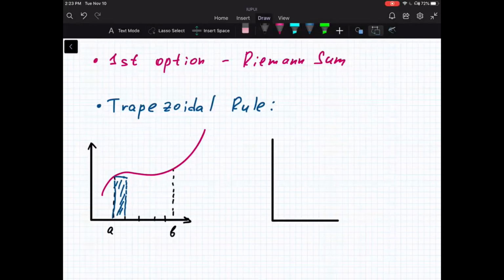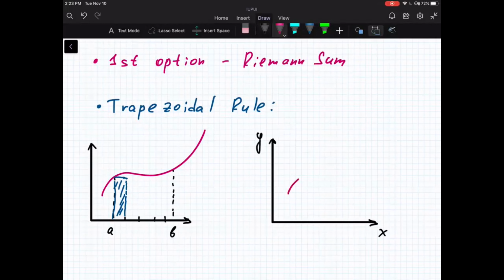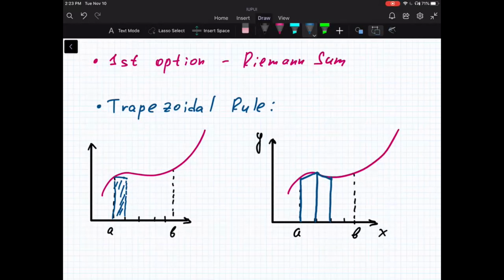And in the trapezoidal rule, instead of that, you also divide your interval ab into subintervals, but now you approximate not by rectangles, but by trapezoids. So this is one, this another, and you connect them in this way, and then in that way, and in this way.